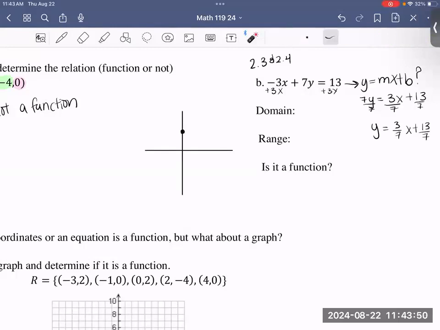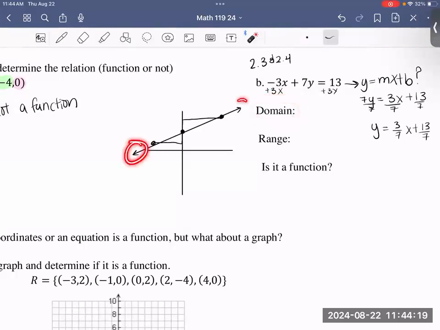Then what do we do? Well, your slope is 3 over 7. So from this point, we're just going to go up 3 and over 7 to your next point, or down 3 and over 7 to your next point. So kind of getting a visual on what this graph looks like, we can then go ahead and determine your domain.